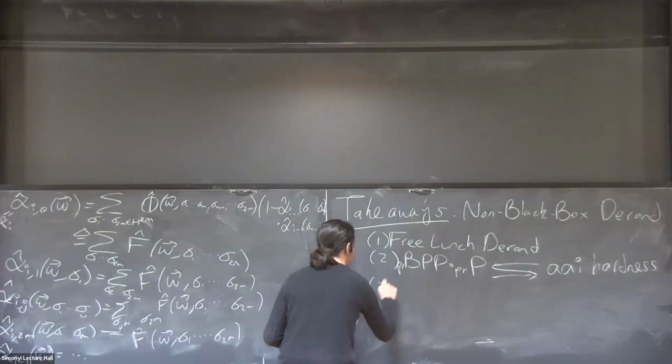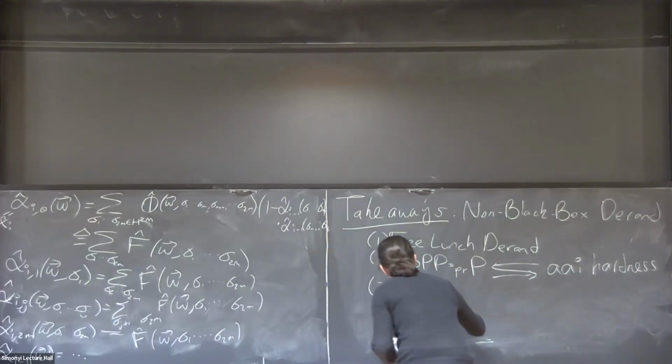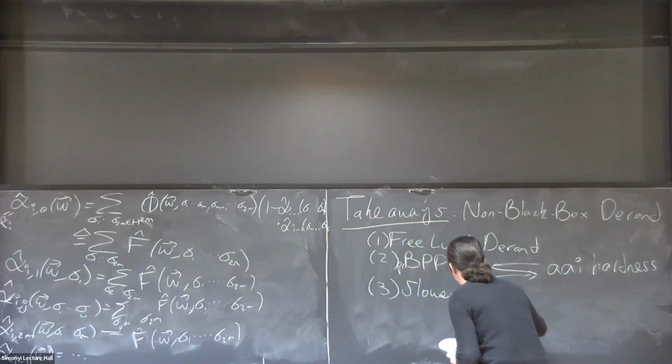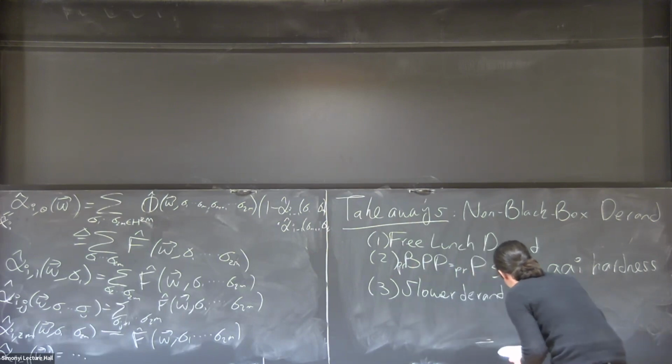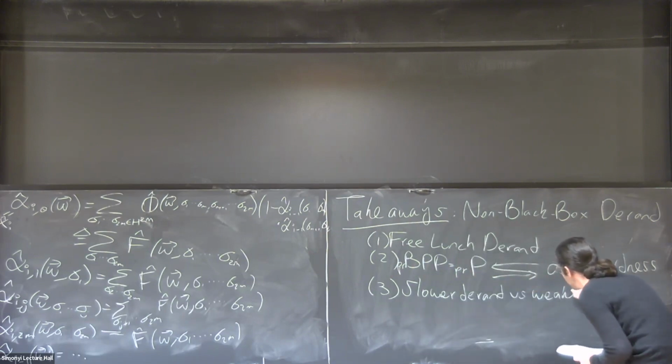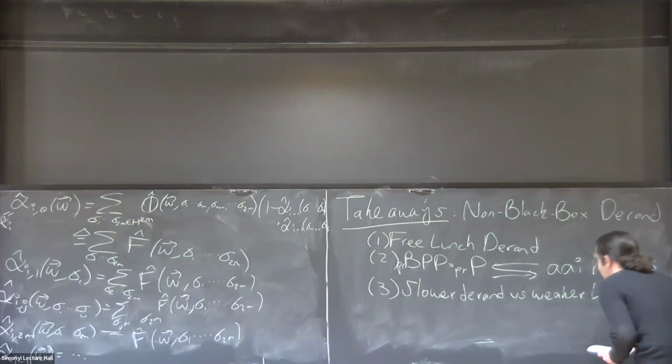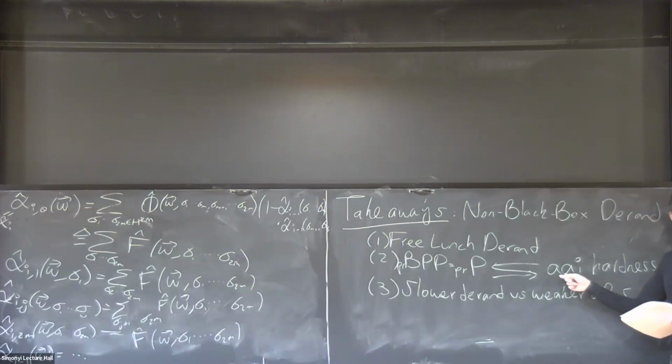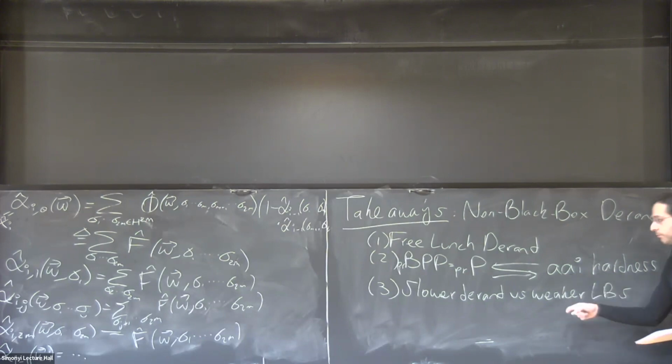I'm going to mention a couple of other things. Slower derandomization versus weaker lower bounds. If you recall in number 2 that we just saw, there was a gap between the sufficient hypothesis and the necessary one. The gap is much smaller in these settings.